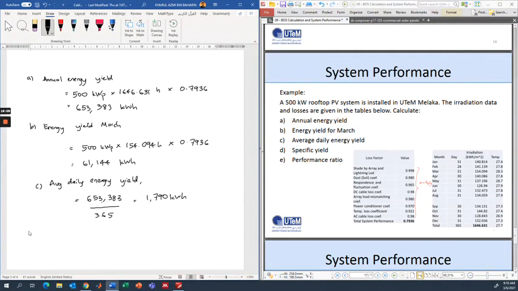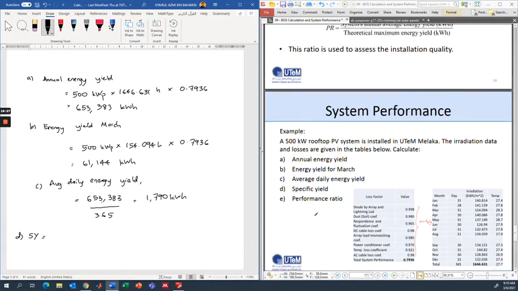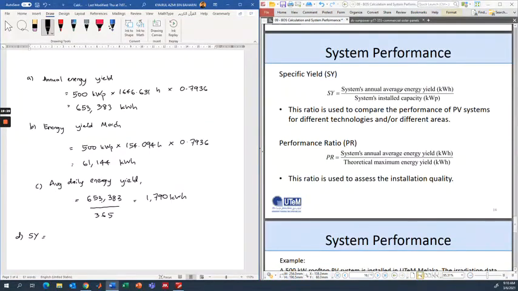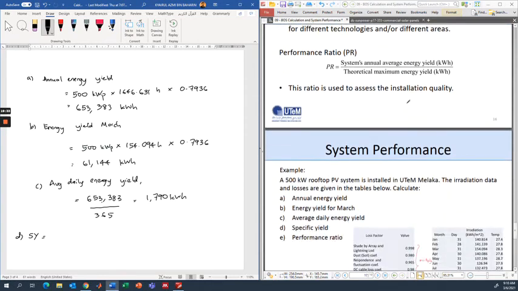And then for the specific yield, SY, we can actually calculate daily or monthly or annually. In this case, I will calculate for annual. Remember the equation is annual average energy yield divided by system installed capacity.